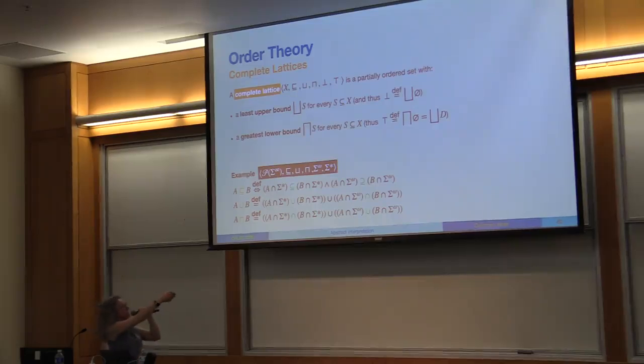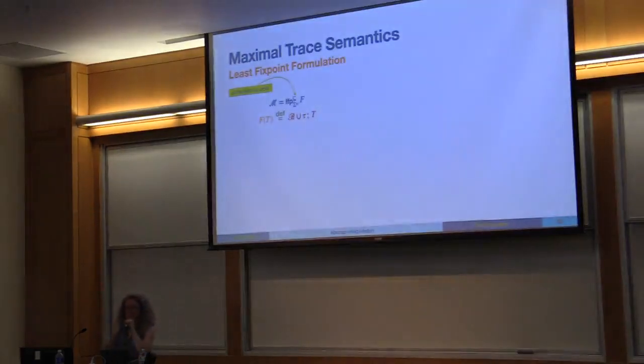And now in this complete lattice here, we can actually define the least fixed point definition of the maximal trace semantics. And you see here the starting point is going to be the set of all infinite sequences of states. This is very important. Basically, we take all the infinite sequences of states. This is our starting point.